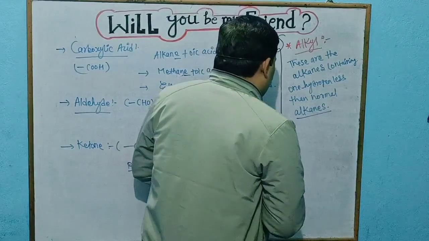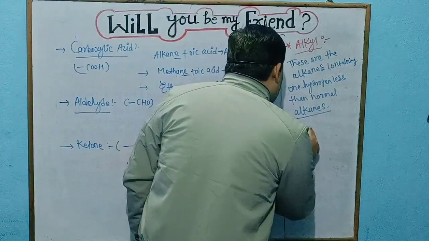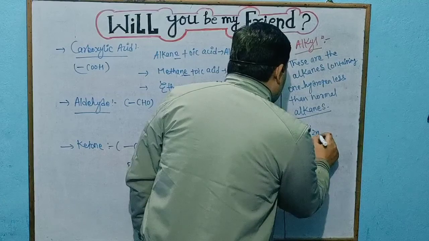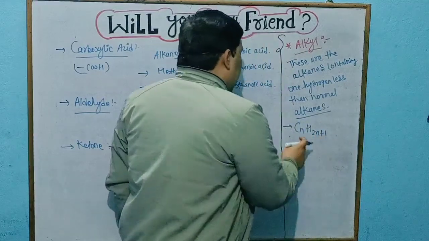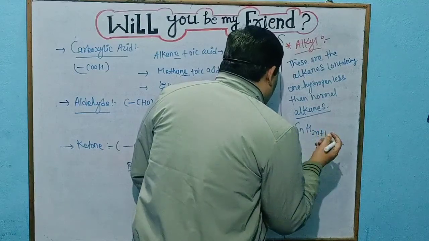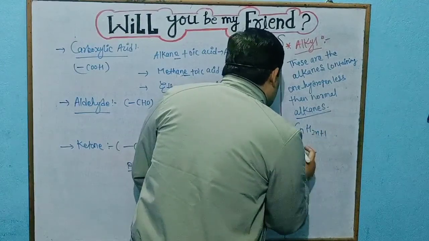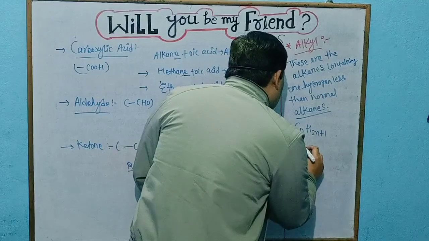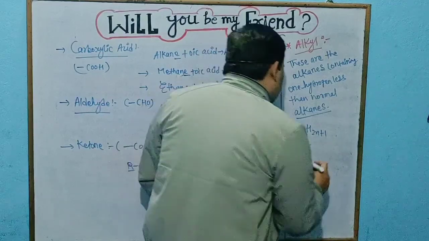It is represented by the general formula CnH2n+1. So if we take only one carbon atom, the number of carbon atoms as 1, it becomes CH3. So it is called the methyl group.